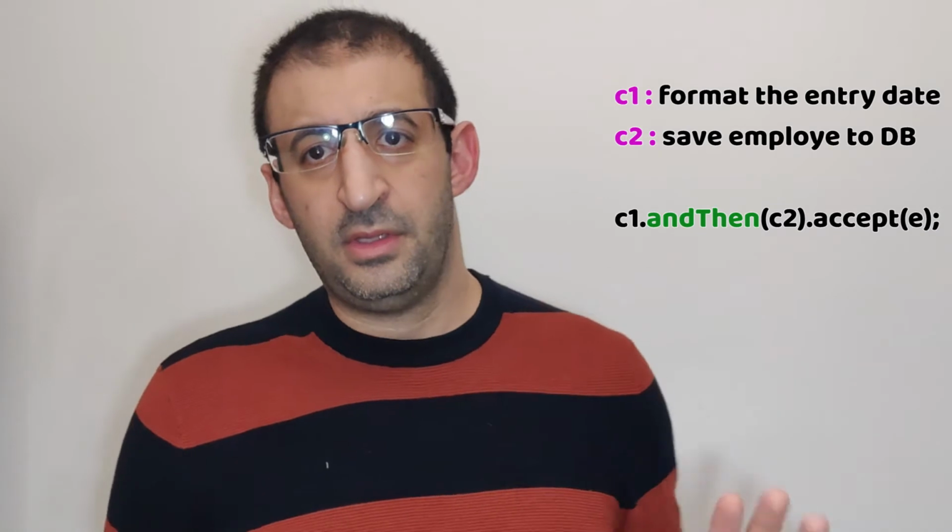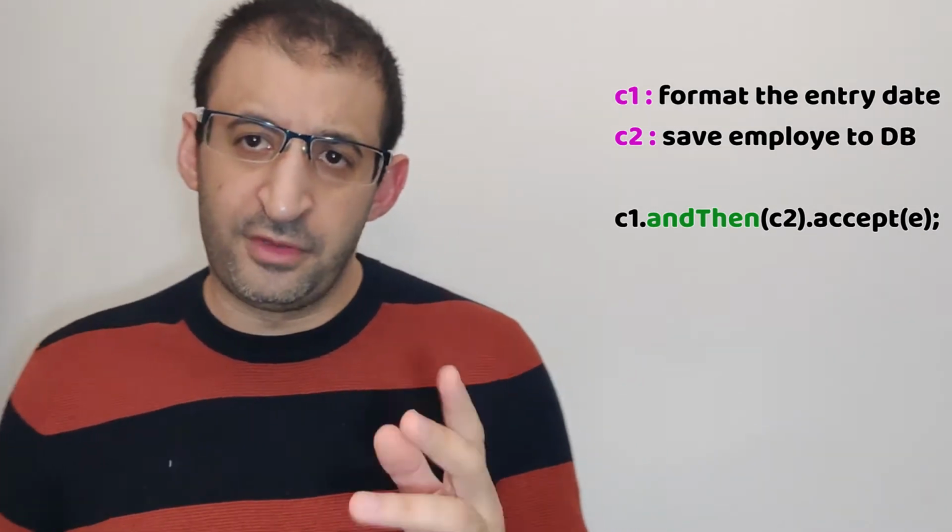So you have the first consumer, which formats the date, and the second one saves this employee in the database. So here you can do C1 dot andThen C2. Okay, it's so simple.